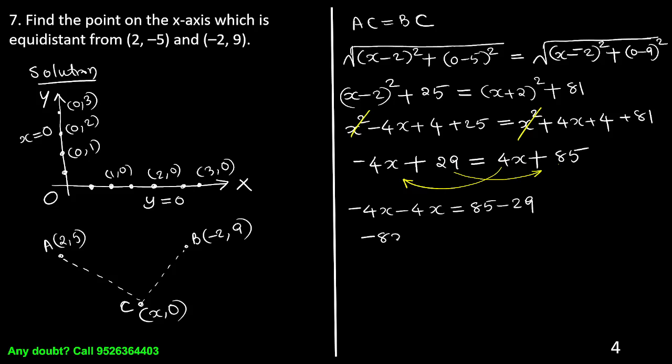So minus 8x is equal to, what is this, 85 minus 29? 36. Is that correct? You can check it. No, it is not 36. 85 minus 29 is what? Let me find out.